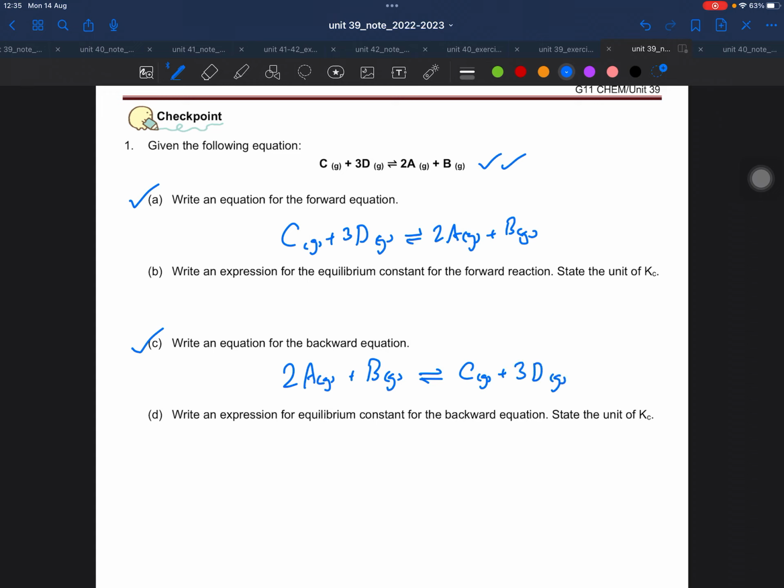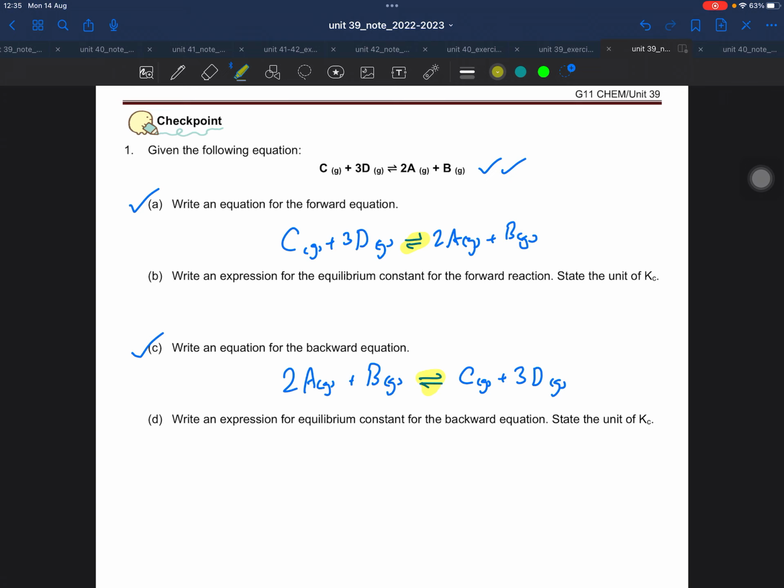Like this, okay? Some of you may wonder why I insist on using the double arrow: I want to emphasize this is a reversible reaction, all right?